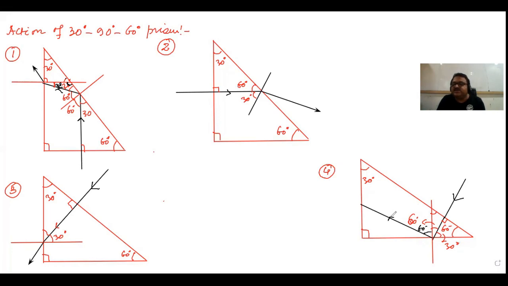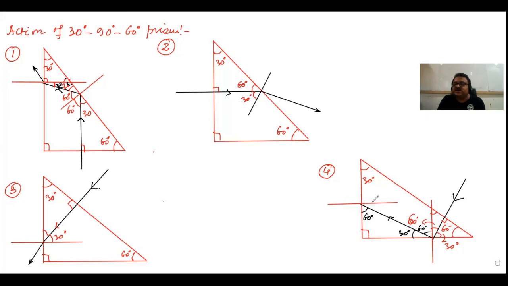Now watch this. If it is 60 degree, so this angle is what? 30. Correct? If it is 30, so this angle is what? 60. Now what is the angle of incidence? Draw the normal first. Look at this. If I draw the normal, this is 60, so this is 30.